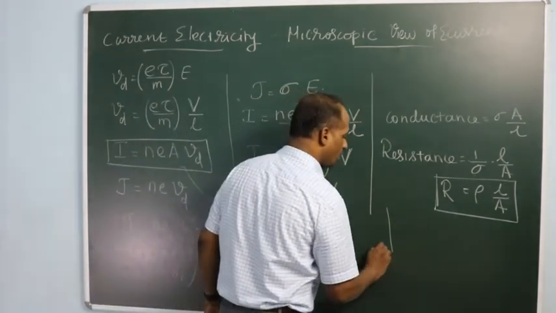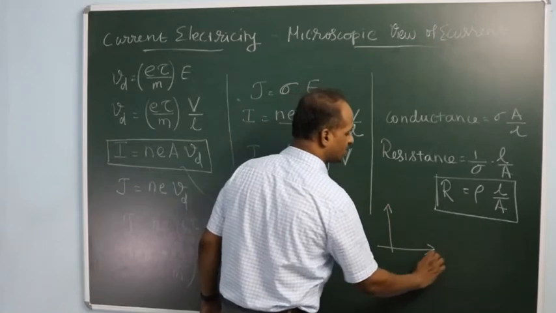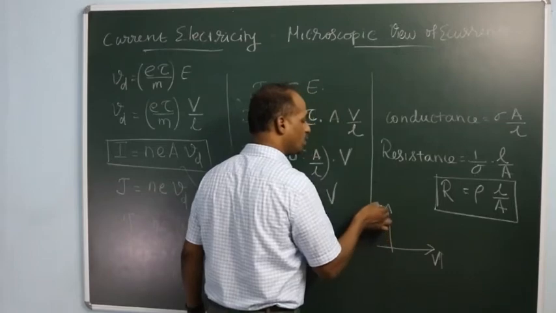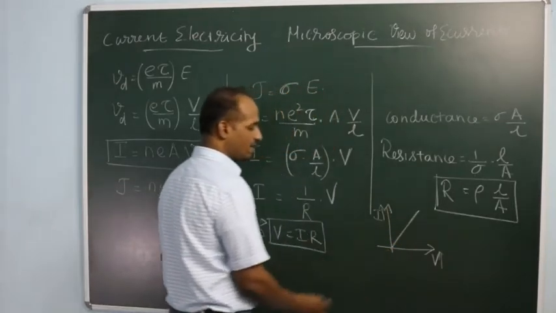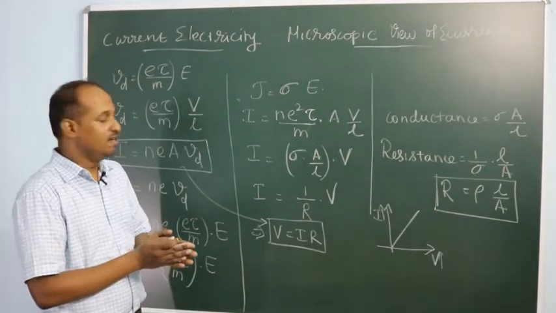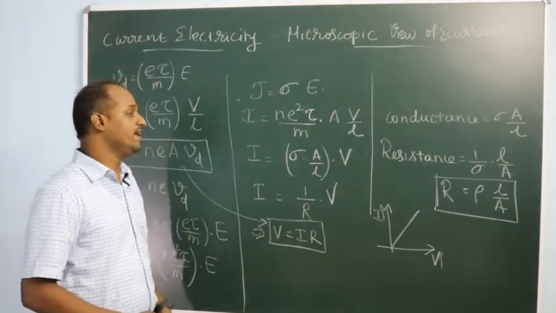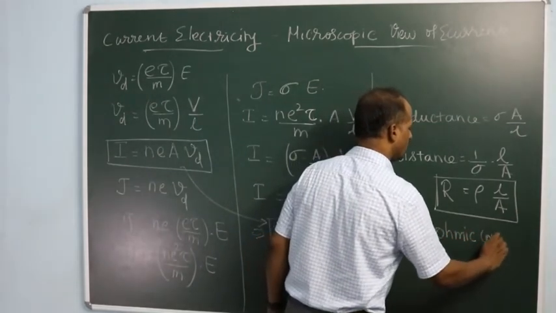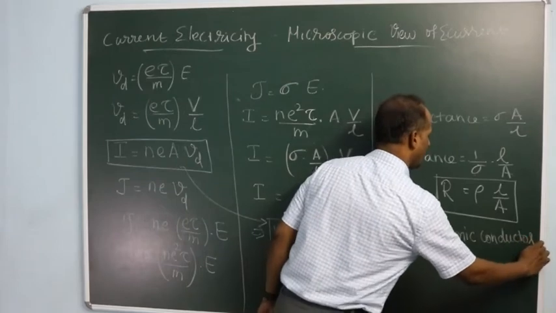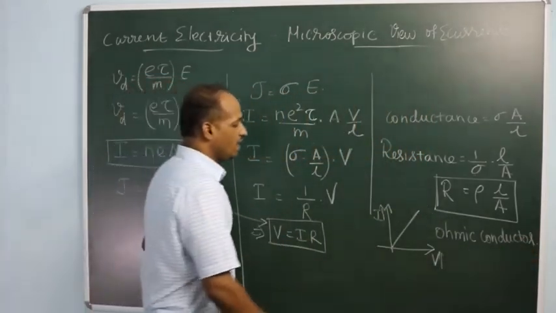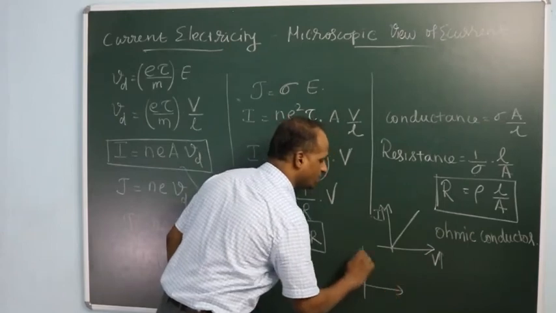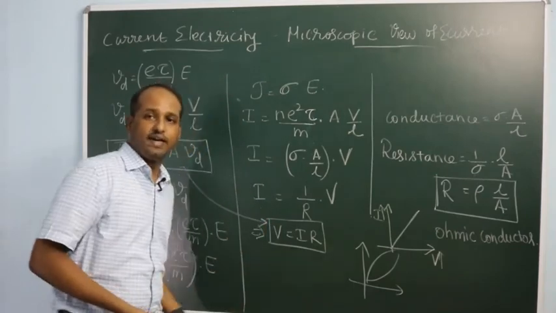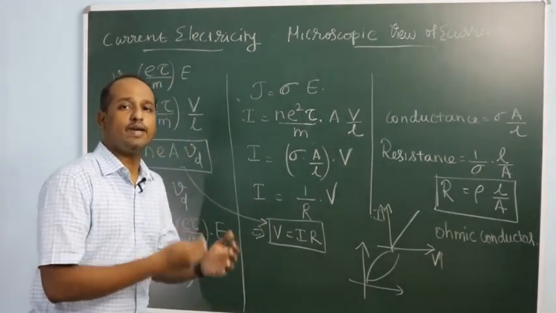Then if you draw for any conductor V versus I, V is the independent variable, I is the dependent variable. The more the V, the more the I. If the VI graph is a straight line, such conductors obey Ohm's law. That's why those conductors are called ohmic conductors. And if V versus I graph is not a straight line but something else, then those conductors are called non-ohmic conductors.